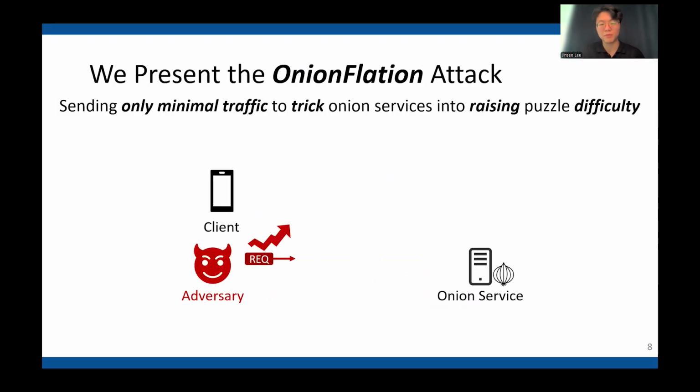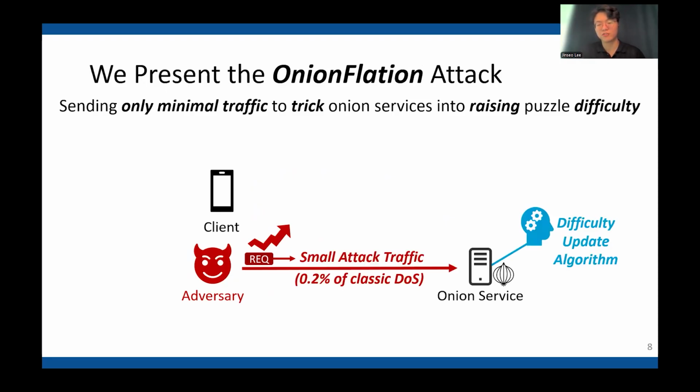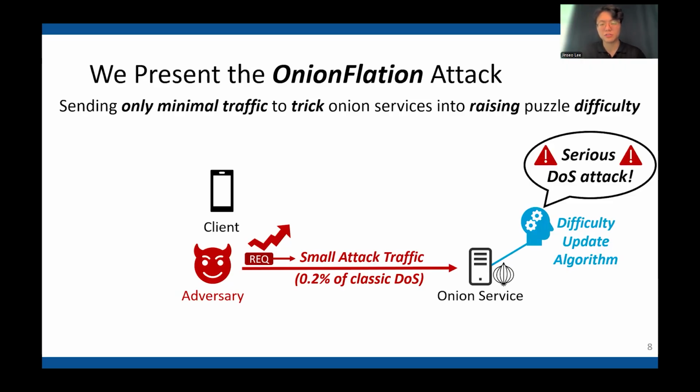Yet, in this paper, we present the OnionFlation attack that defeats this PoW puzzle defense. With OnionFlation, the adversary sends a very small attack volume, which can trick the Onion service into misbelieving that they are under serious DoS attack, and thus they significantly inflate the puzzle difficulty.